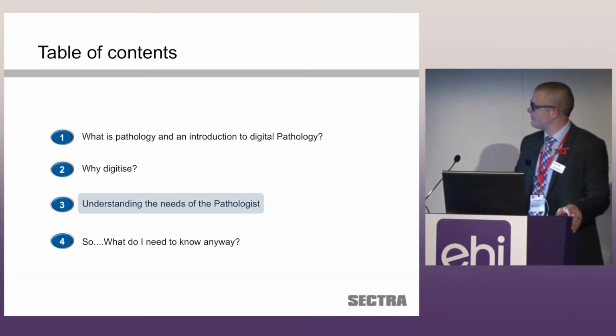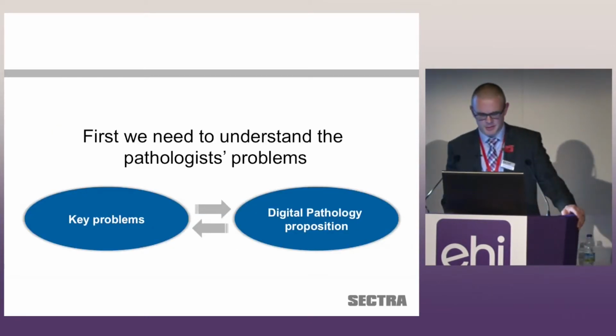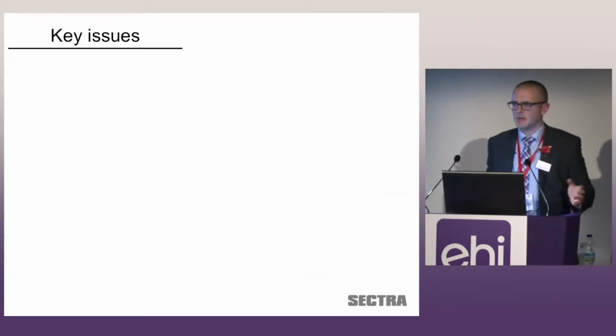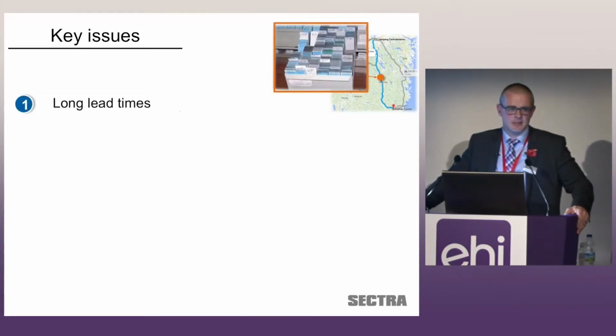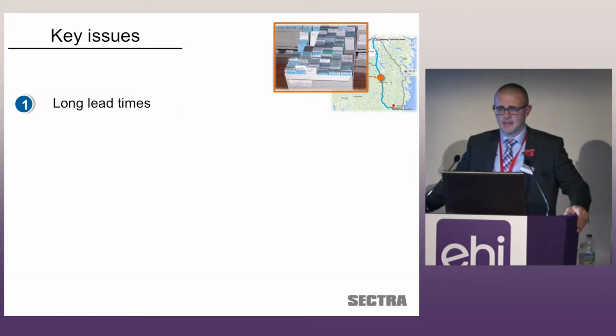So, are we doing the right thing by the pathologist? Pathology suffers from extraordinarily long lead times for all the reasons that I've already discussed. Moving those glass slides from A to B, lost slides, repeated examinations, all produce lag in the system.